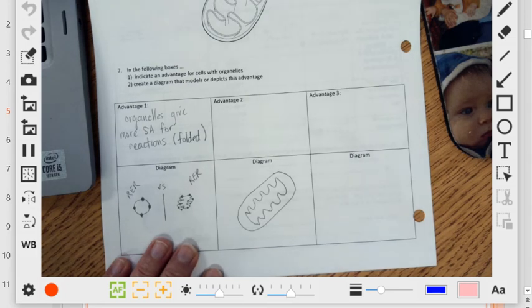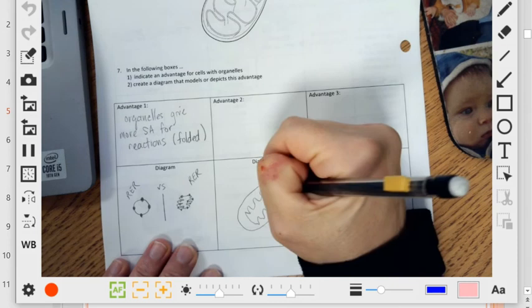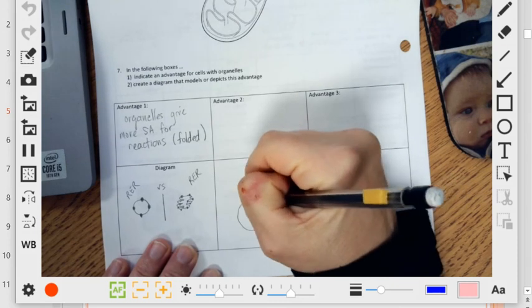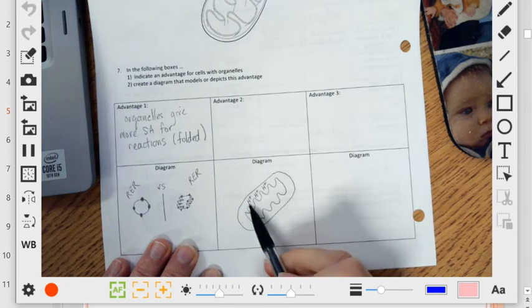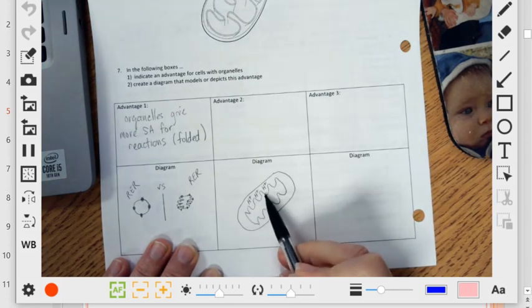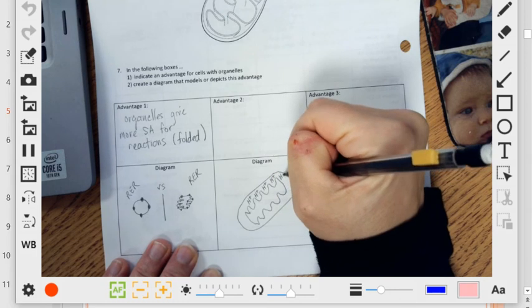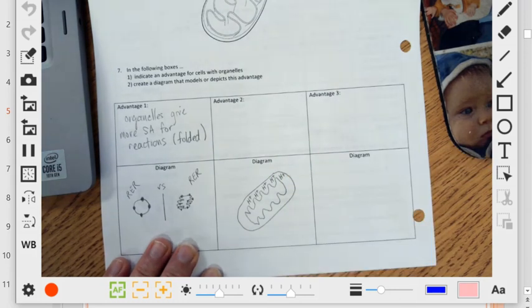The reason why mitochondria can make ATP is because they can do this. They can put a ton of protons. So remember, H pluses are protons. They can gather and concentrate H plus in this space because they have membranes. So they have an outside membrane and an inside membrane, so it creates a space. And because they can put a bunch of protons in that space, they can use those protons to make ATP.